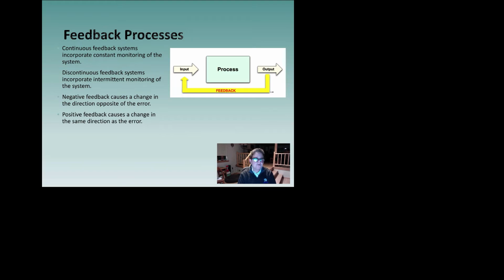Consider the resources that would be required in a continuous feedback system versus a discontinuous feedback system. If I had to pay attention to all of the feedback that I was receiving constantly, then that would consume a lot of the resources that I have, which we know are limited in information processing.